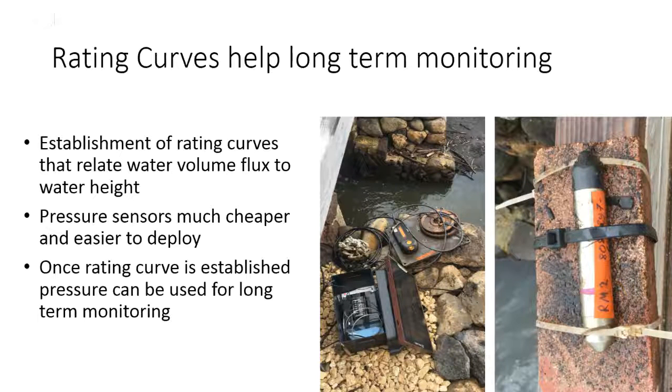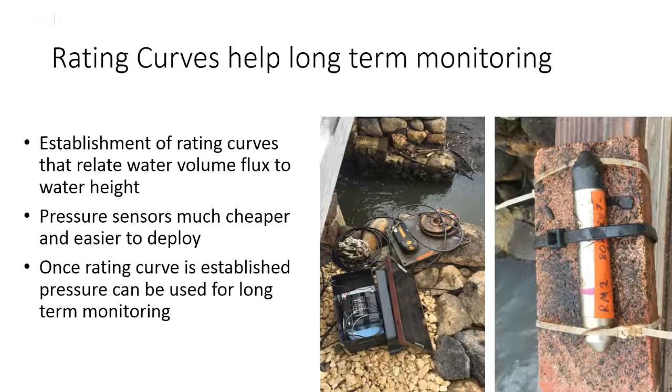And so once we establish a relationship between water volume flux and water level for each of these different tidal states, we can just deploy these small pressure sensors over long term to then basically get water volume flux and make an estimation of the water coming in and out just based on the pressure. So that was the whole idea of the rating curves.